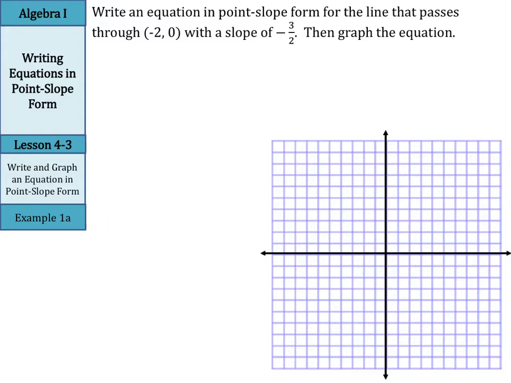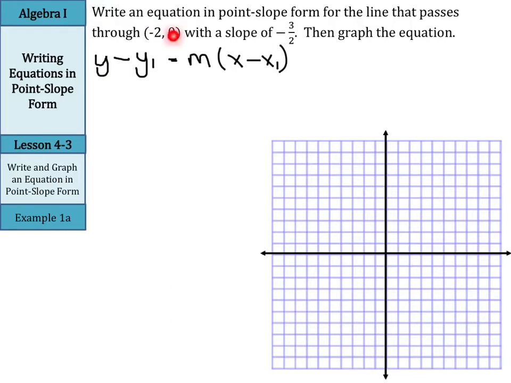Well, let's start this by writing out our point-slope form, which is y minus y1 equals m times x minus x1. Now, this y and this x we're actually not going to substitute into right now.